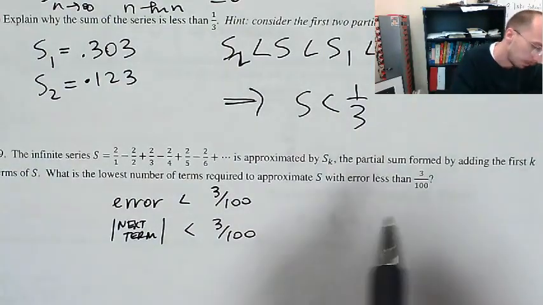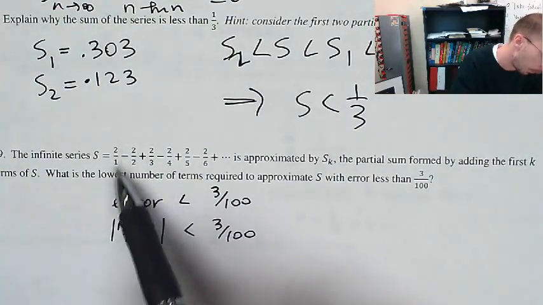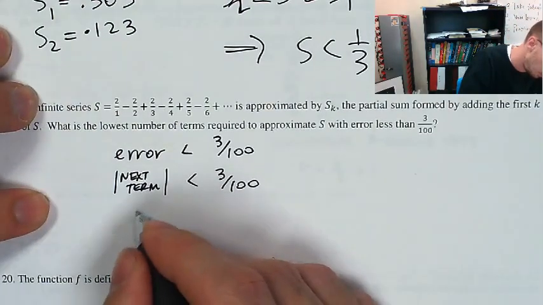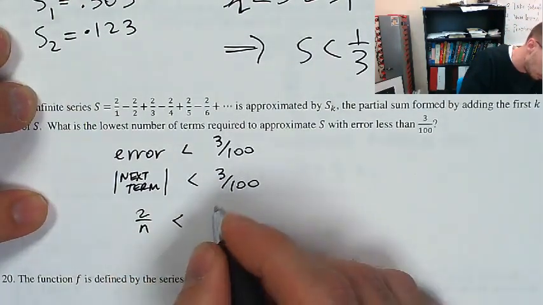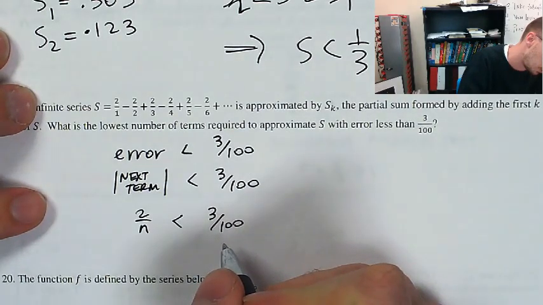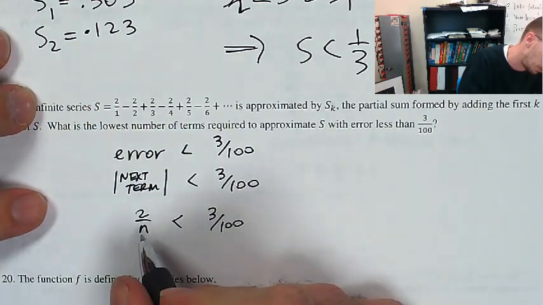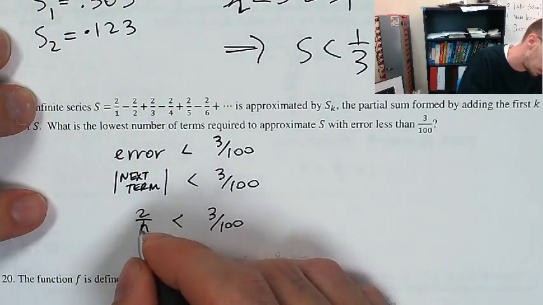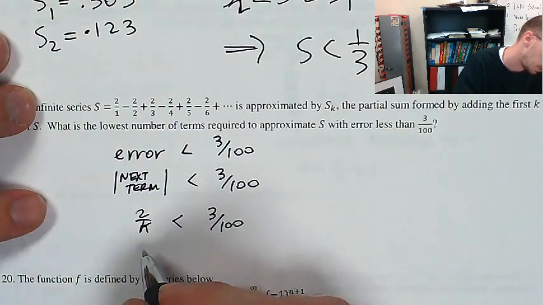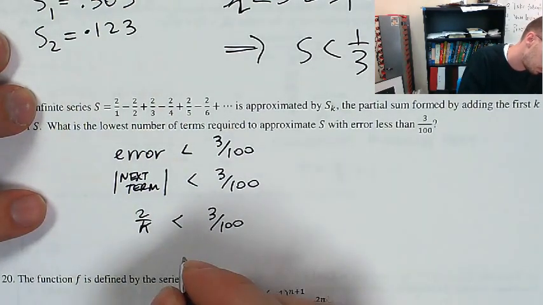Okay, so we're saying these terms are 2 over n, right? So the absolute value is 2 over n. So that 2 over n goes less than 3 over 100. We're definitely going to be having a positive n. I guess it should be k. I'll multiply both sides by 3 and divide both sides by 100.